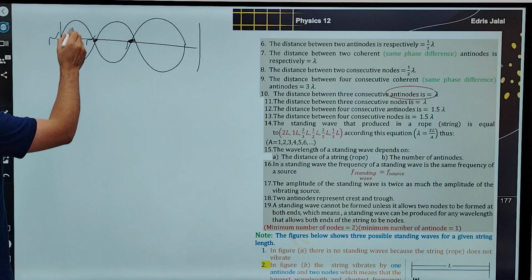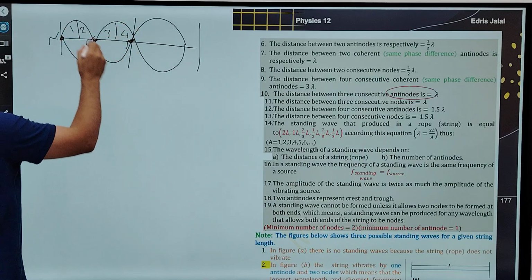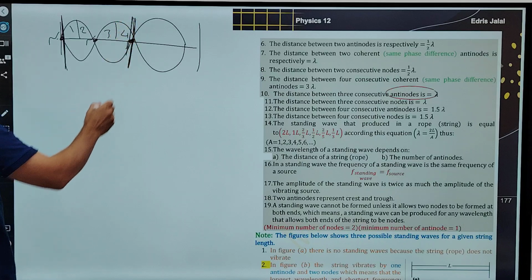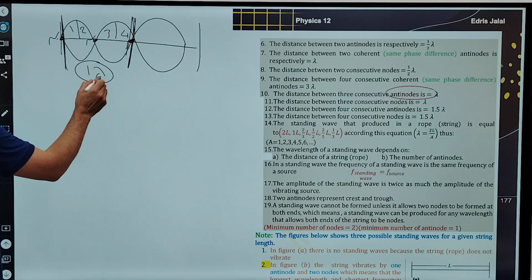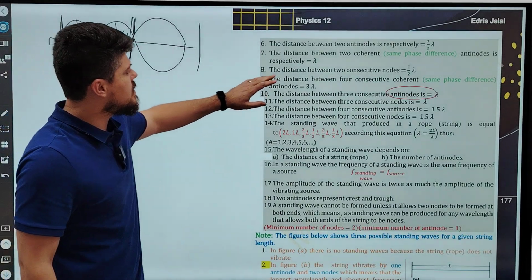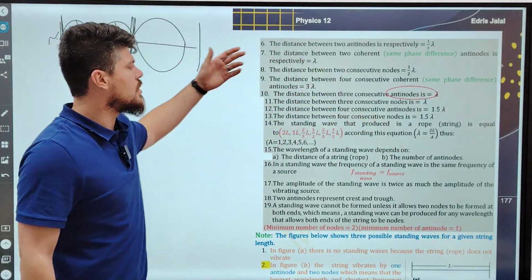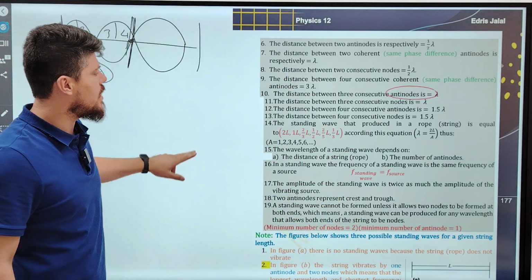Okay, how many quarters do we have? Let's count. 1, 2, 3, 4. The distance between 3 consecutive nodes is equal to 1 wavelength. Why? Because it consists of 4 quarters. Okay, the distance between 4 consecutive nodes is equal to 1.5 wavelength.